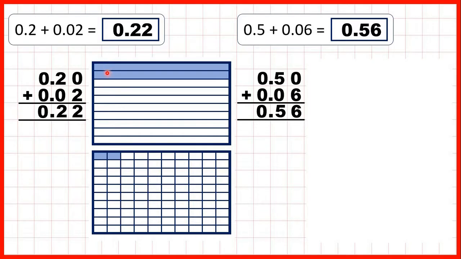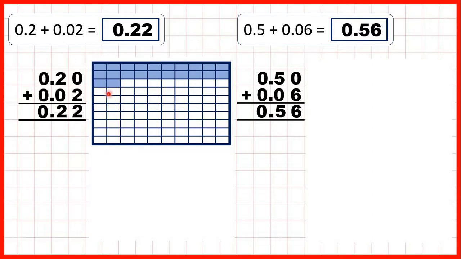If we turn our 2/10 into 20/100ths, that's kind of what we did by putting the 0 on the end. And then when we add, we put things together. So now we can see that we have 22/100ths, which we write as 0.22.